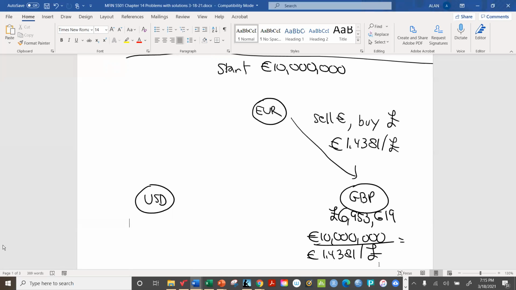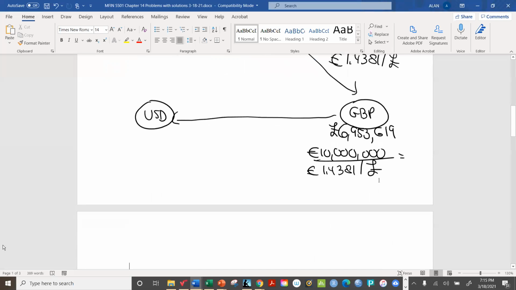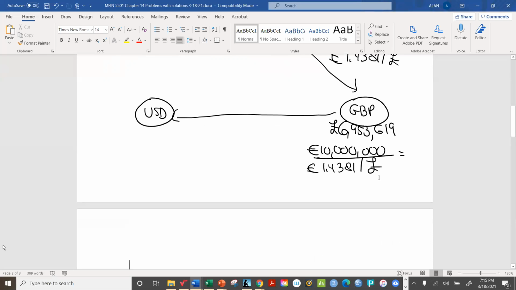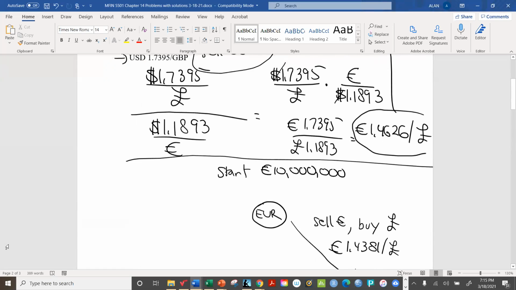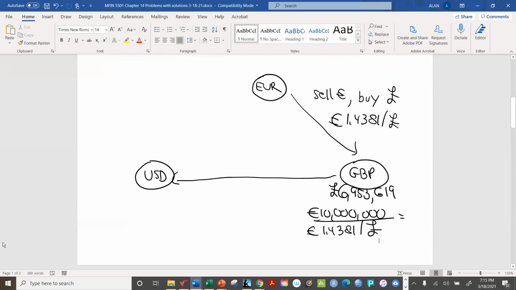Okay, now we have pounds. And so what we're going to do next is sell those for dollars. Okay, so how does that work? Remember, the exchange rate here that we were given is $1.7395 per pound. And so when we have the number of pounds and the dollar-pound exchange rate, we're going to multiply them.